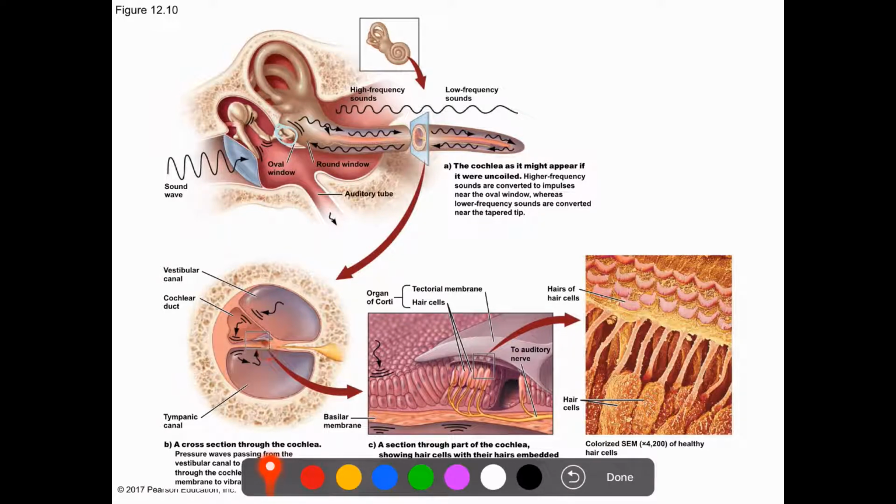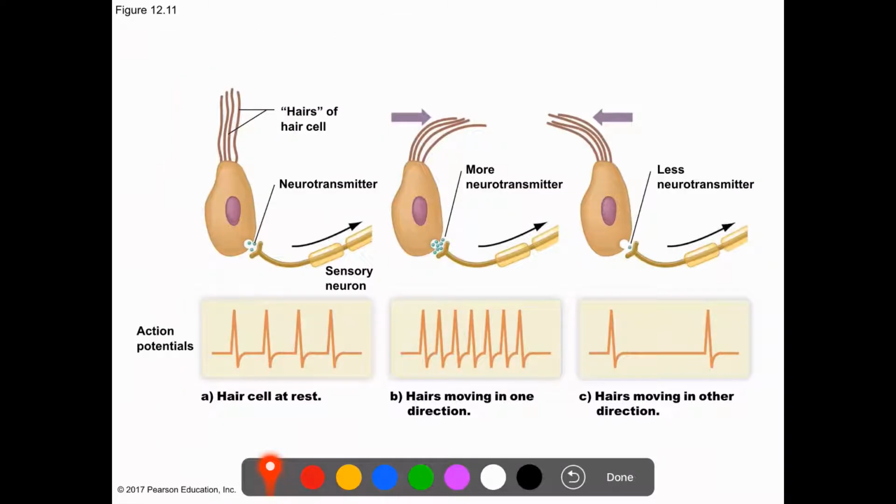Now the organ of Corti, basically it's hair cells that are laying against the tectorial membrane. So when the wave is there, it will cause these cells to rise up, and the hair will actually bend against the tectorial membrane.